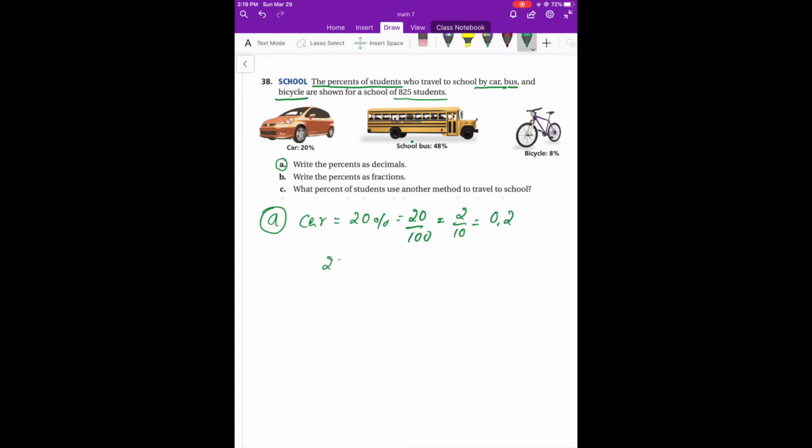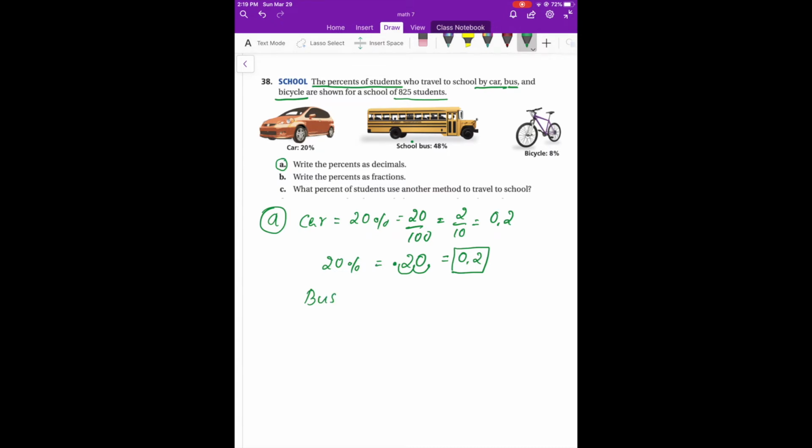Or remember, if you are changing a percent to decimal, you move the decimal over twice to the left. So 1, 2, so that will be 0.2 or 2/10. That's for car.